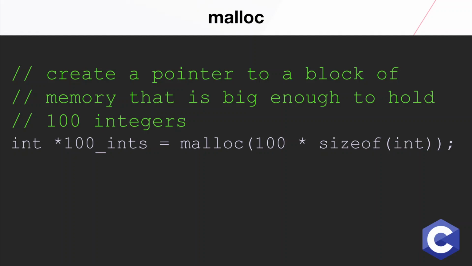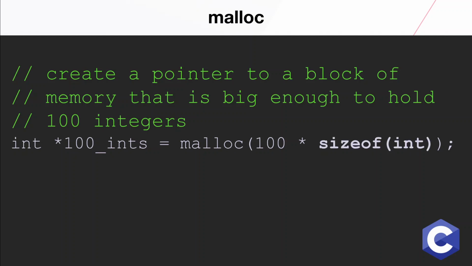This is a data type that has a fixed size, but I want to create a space in memory that's going to hold 100 integers. I can do this using malloc.